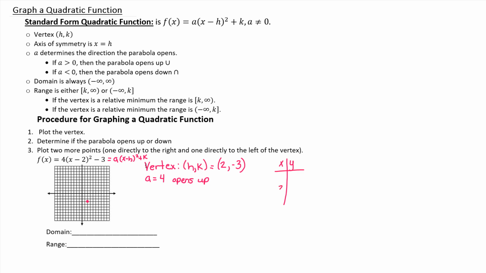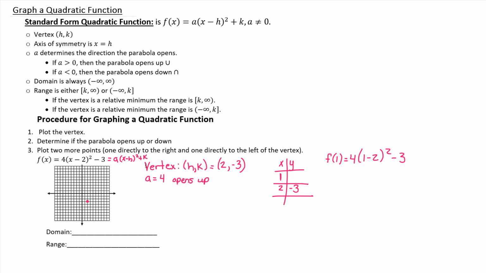So we already have the point 2, negative 3. That was our vertex. To the left would be 1 unit to the left of 2, so we need an x value of 1. What happens when x is 1? Well, f of 1 is 4 times 1 minus 2 squared minus 3.